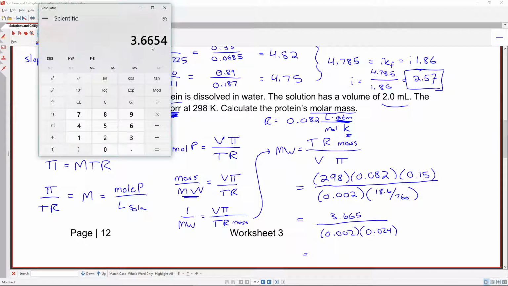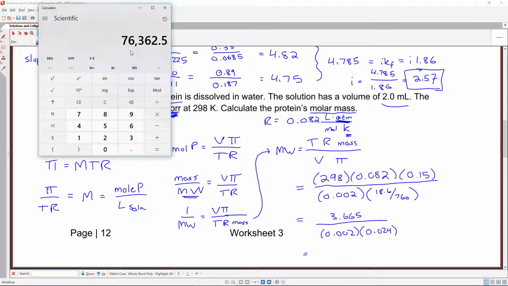Right, so 3.665 divided by 0.0002. Oh, there we go. Almost added an extra 0. And then divide that by 0.024. There we go. So now we have a ridiculously large number, but that's perfectly fine.